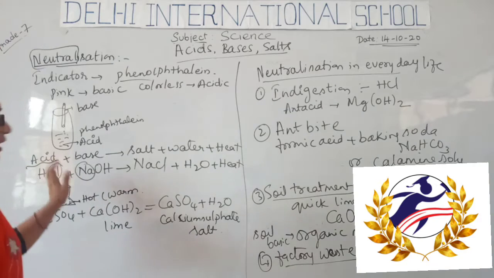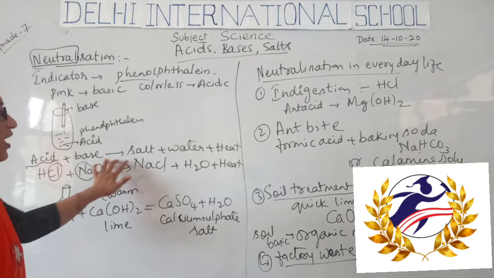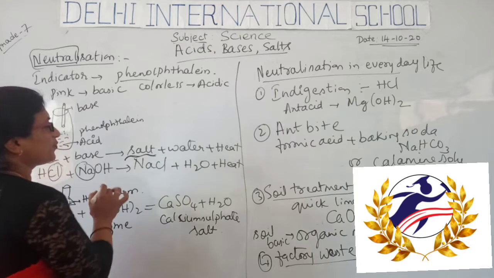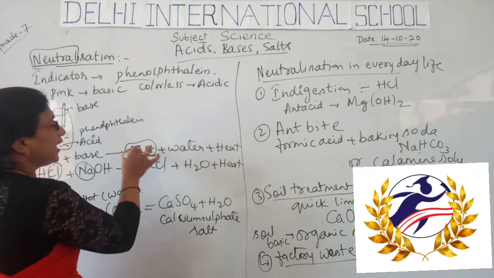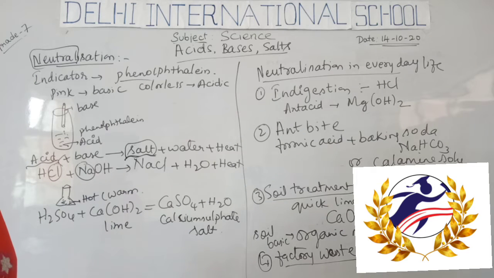When the acid mixes with the base, it neutralizes and forms a salt. This salt contains neither the property of acid nor the property of base once it is formed.